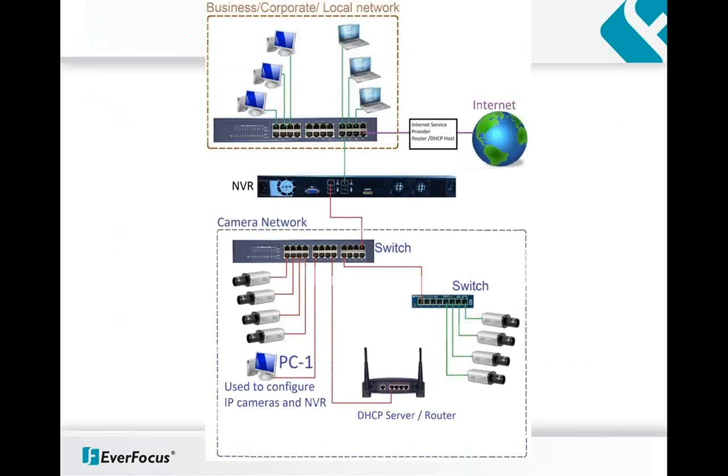That's what you're seeing in this diagram here. You're seeing the back of the Commander, and on the top you have your data network where you're running your email, you have your file servers, you're going to the internet, etc. You want to keep this LAN completely separate from this LAN. The bottom LAN is your video network.